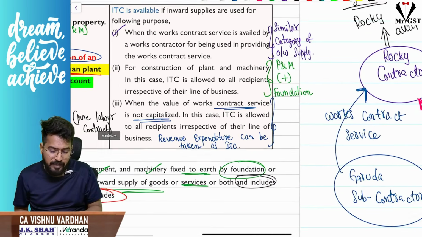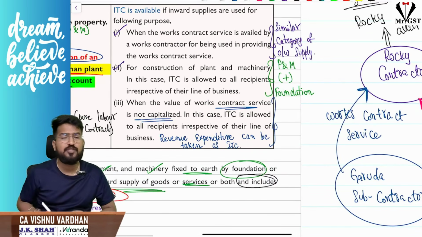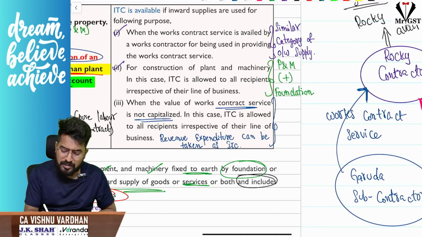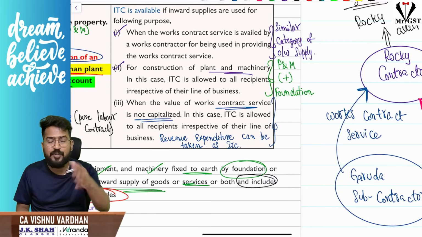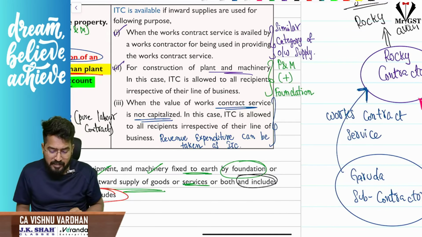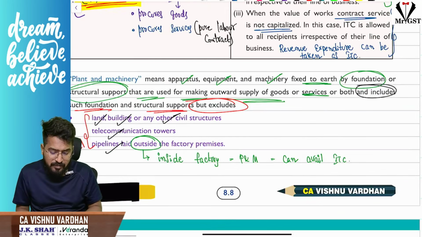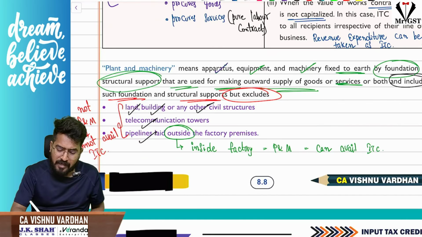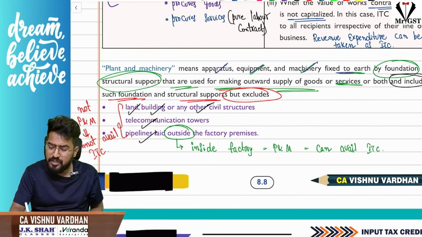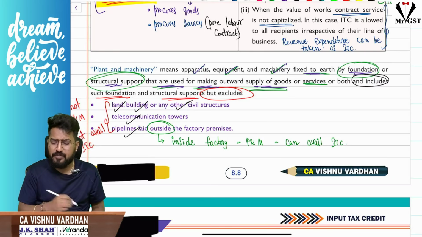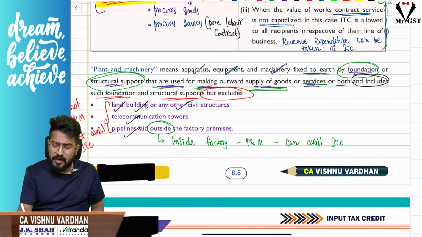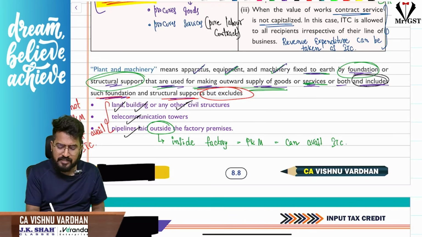Or you are buying these things, that is the works contract or construction on your own account, for plant and machinery, or even for its foundation, still you can take ITC. But understand the important thing here: plant and machinery means any apparatus or equipment or machinery fixed to earth by foundation or structural support and that are used for making outward supply of goods or services or both, and includes such foundational structural supports.